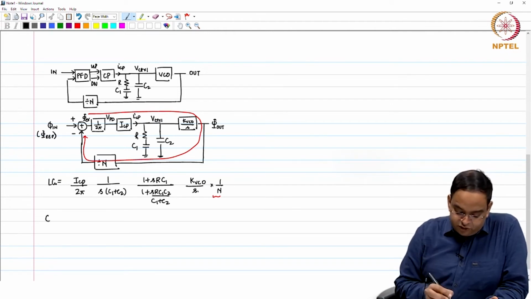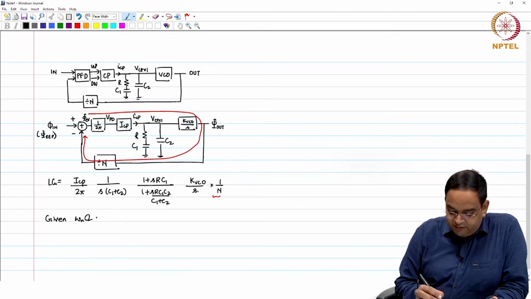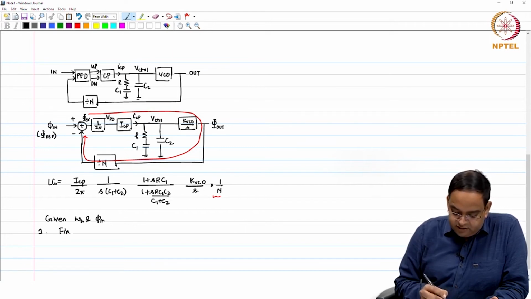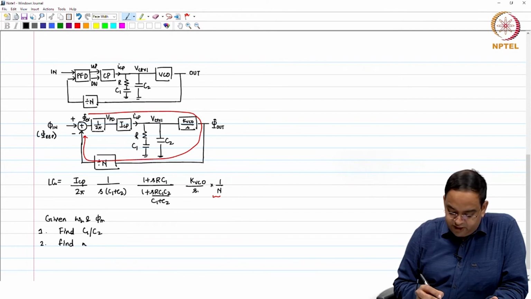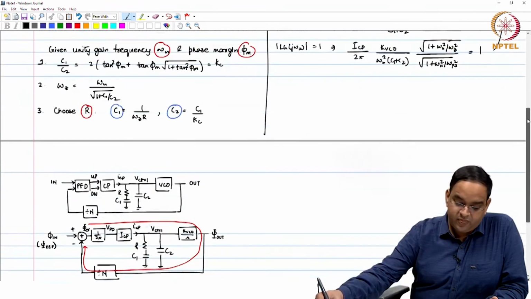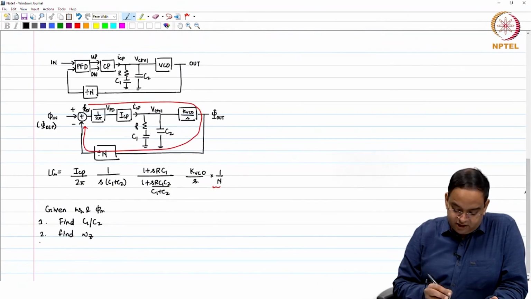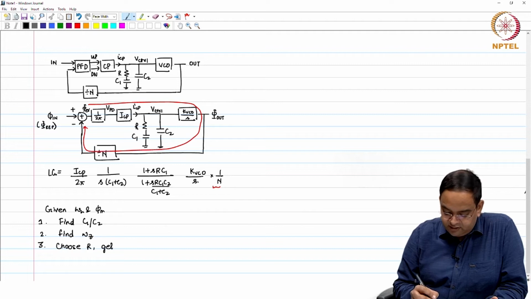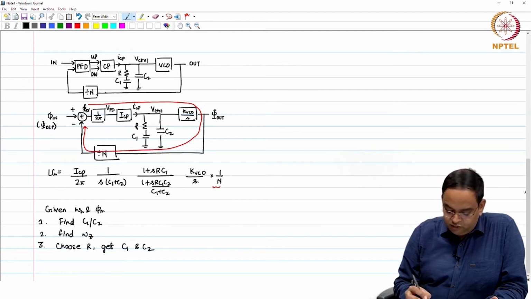Same procedure, no changes. Given omega u and phase margin, you will find C1 by C2. Second, once you know C1 by C2, you find omega z, right, that is what you did. Third step, you choose R and get C1 and C2.